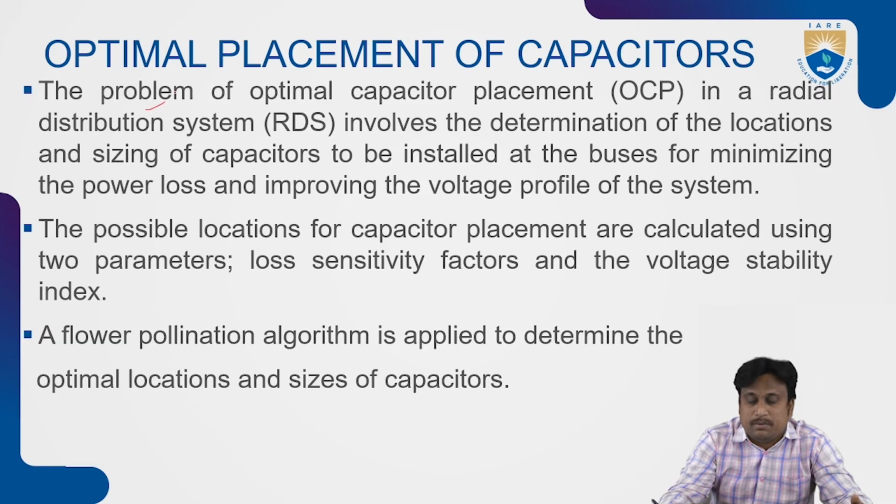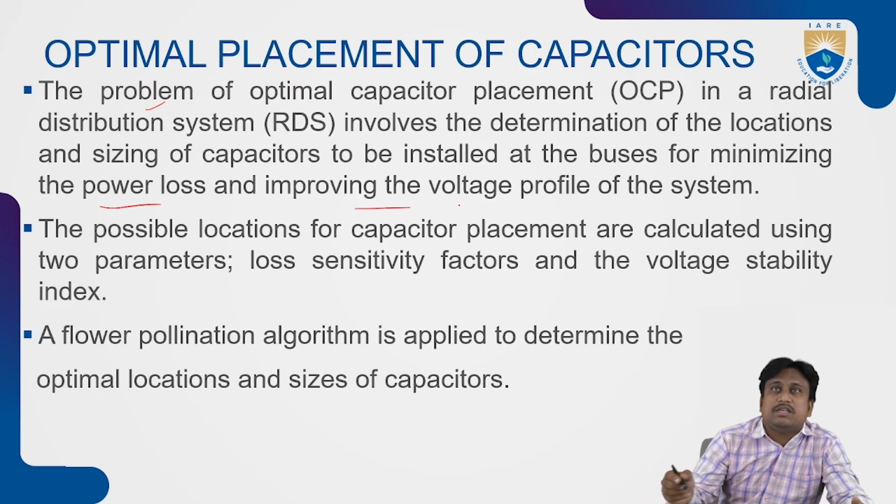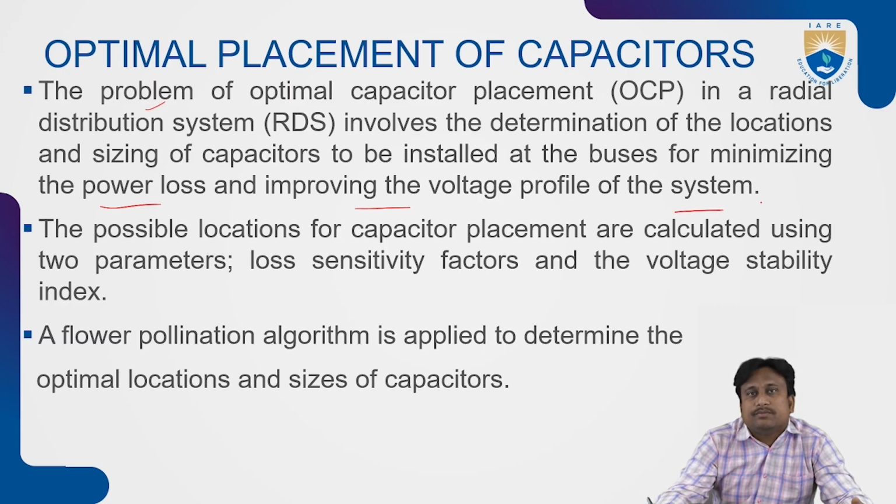The problem of optimal capacitor placement in a simple radial distribution system involves determining the locations and also the sizing of the capacitors to be installed at the buses for minimizing the power loss. It also involves improving the voltage profile of the whole system. Usually we treat a radial distribution system as the entire distribution network, so for the radial distribution network, optimal placement of the capacitor is very important.